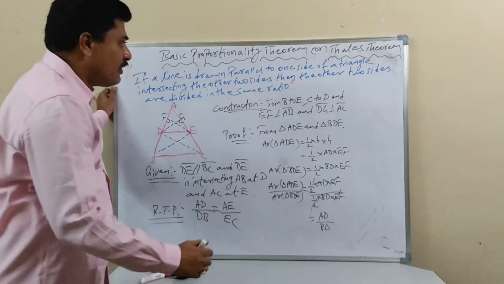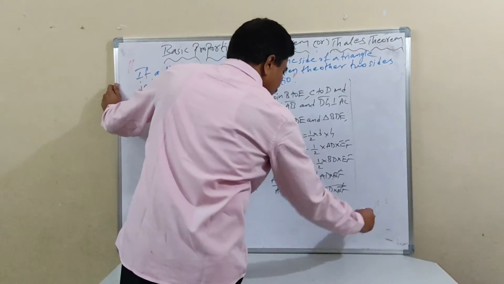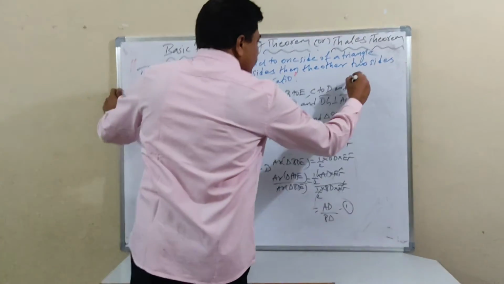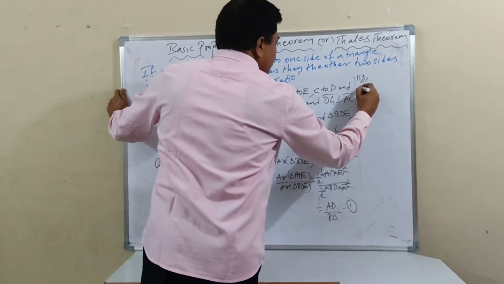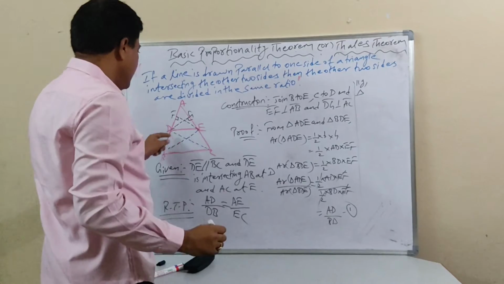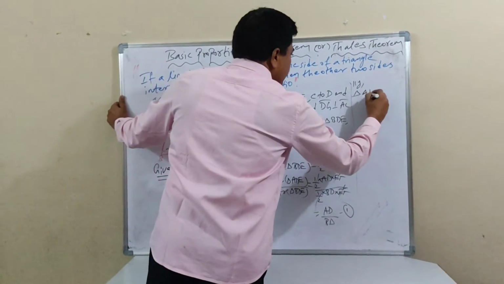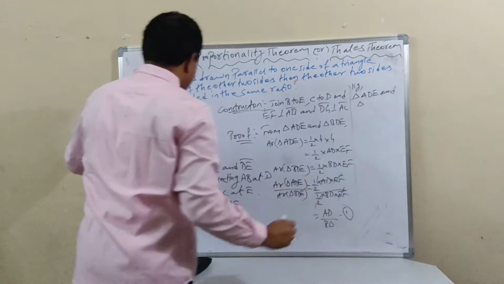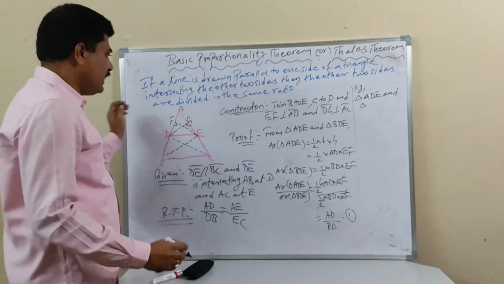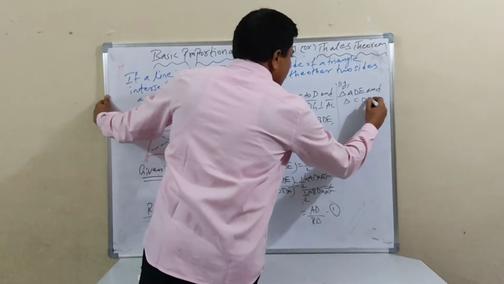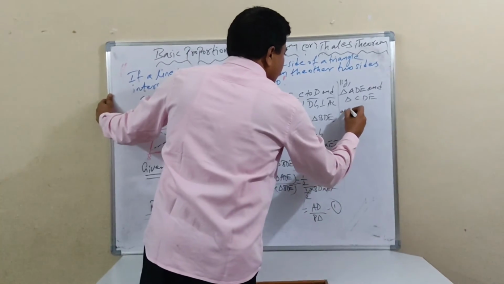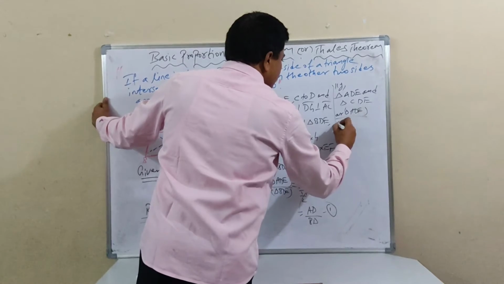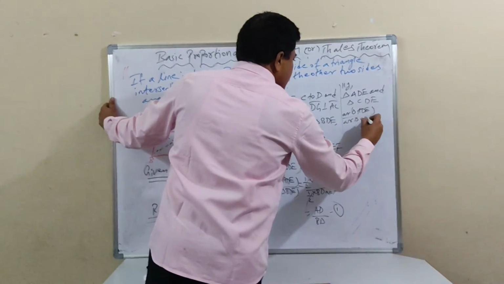Similarly, I am taking one more triangle here. So this is condition 1. Similarly, I will take triangle ADE and triangle CDE. From these two triangles, again, area of triangle ADE by area of triangle CDE.